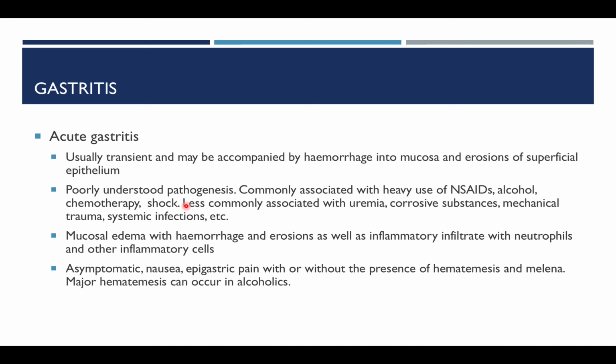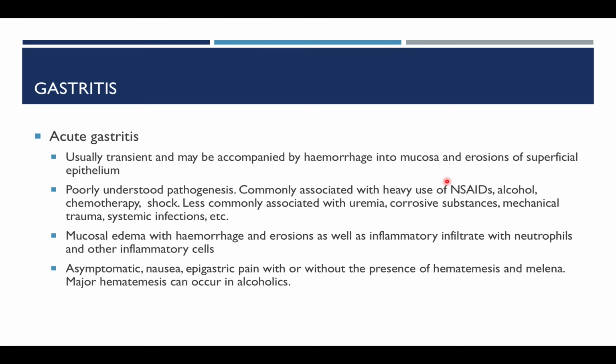But it is important to look at the common causes, so NSAIDs, alcohol, chemotherapy, and shock. So we can talk a little bit about why they cause acute gastritis. So NSAIDs basically decrease the amount of prostaglandins. And why are prostaglandins important? So prostaglandins increase blood flow to the stomach, they decrease the acid production, and they increase secretion of mucus and bicarbonate.